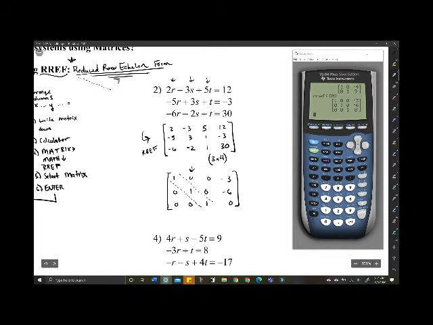This then translates into R equals -3, S equals -6, and T equals 0. Done. No substitution, no elimination.